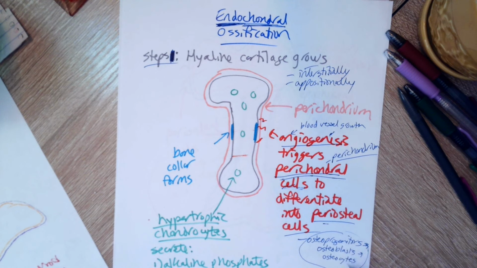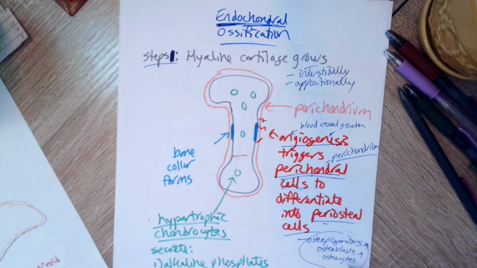So here the pink is the perichondrium. It's turning into the periosteum. This angiogenesis comes in, turns those perichondral cells into periosteal cells instead, which are osteoprogenitors, which turn into osteoblasts, which start building the bone, and we start making the bone collar. And the bone collar, just like we saw before, is just going to grow all the way around, making compact bone all the way around this developing bone here.